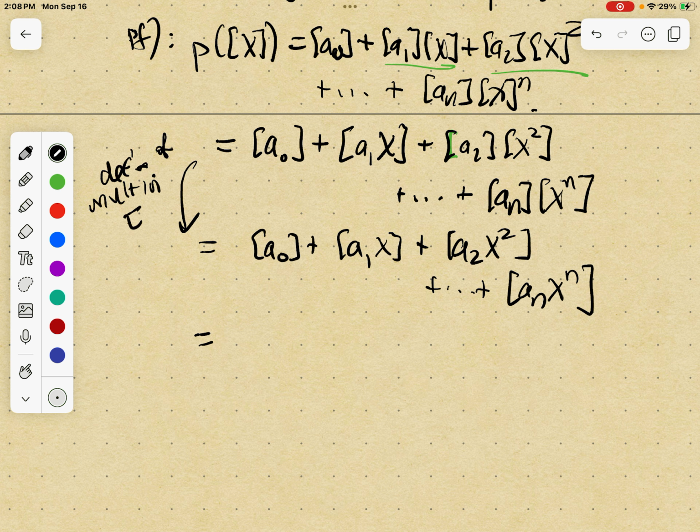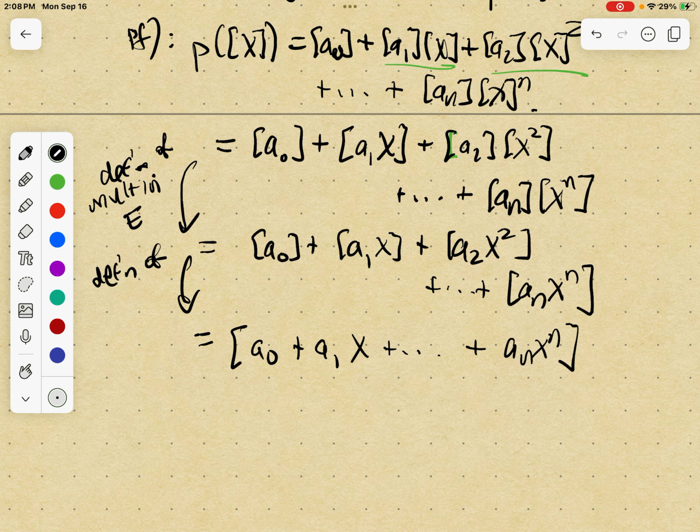and then this sum is equal to the coset of this polynomial by definition of the addition in E. Now what is this coset? Well, this polynomial is precisely p of x. So it's the coset containing p of x. Okay, but the coset containing p of x is just the coset containing 0.